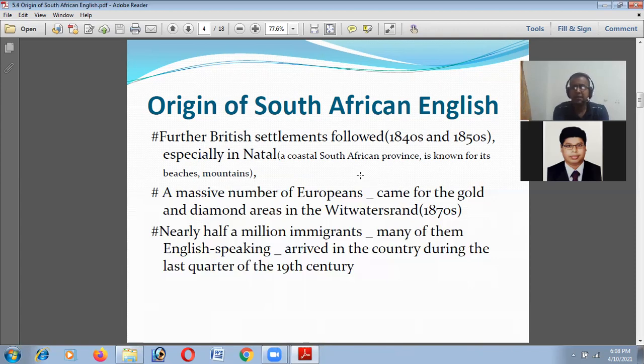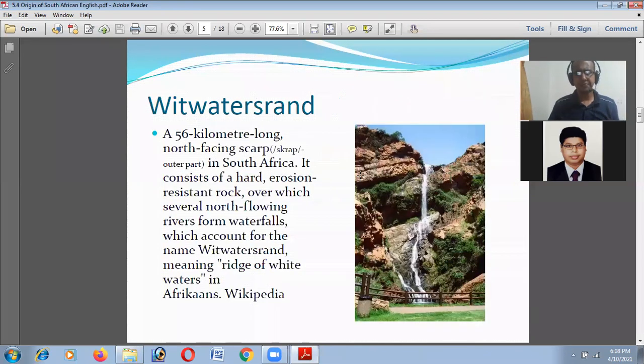Nearly 500,000 immigrants, many of them English speaking, arrived in the country during the last quarter of the 19th century. So half of the immigrants who went there were English speaking people. And you see that the Witwatersrand is a 56-kilometer long north-facing stretch in South Africa.